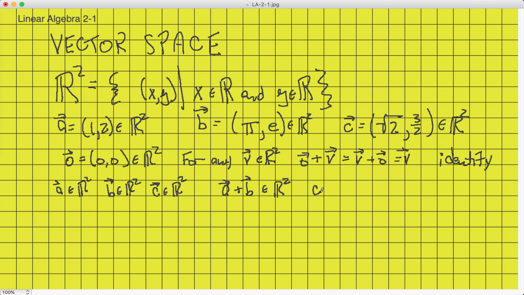This is what's called closure. We also note that A plus B is equal to B plus A, and that has a name called commutativity.